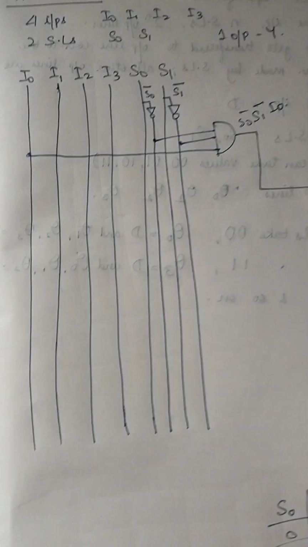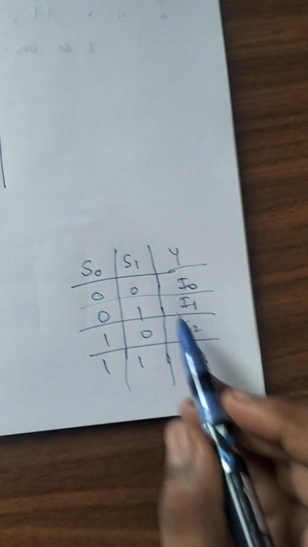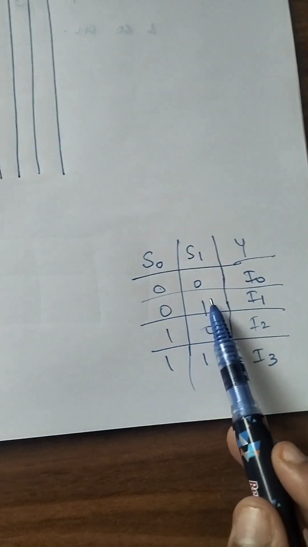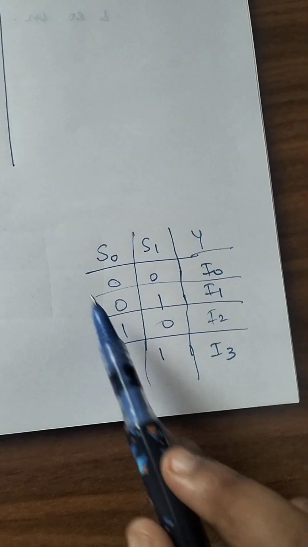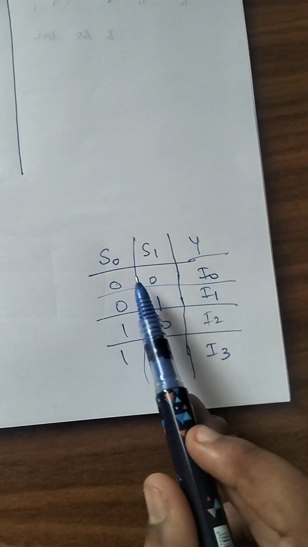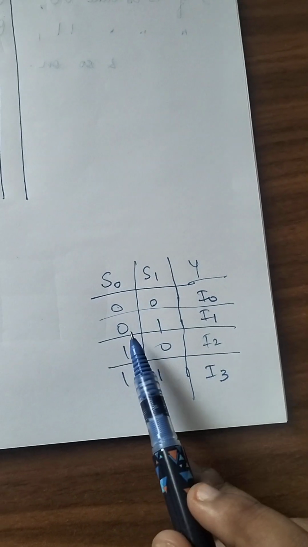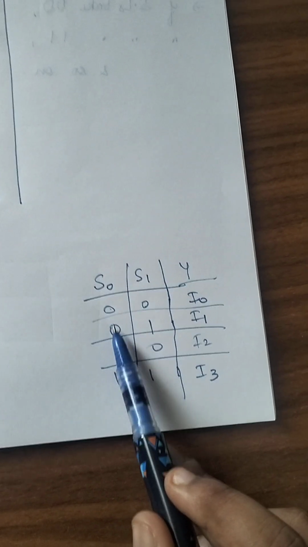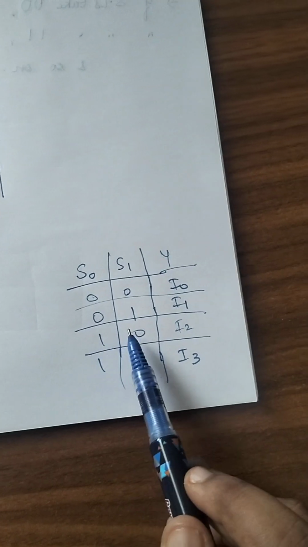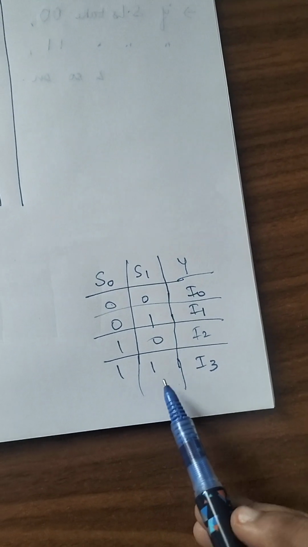Similarly, for S1 the corresponding expression is S0 dash S1 I1. How do you identify it? You're simply replacing the zeros and ones in this expression with the complement and the term respectively. Meaning, if it's 0, 0, it's S0 dash S1 dash. If it's 0, 1, it's S0 dash S1. 1, 0 will be S0 S1 dash, and 1, 1 will be S0 S1.